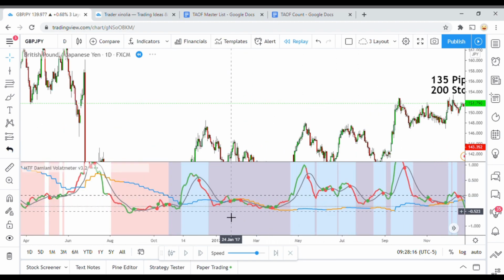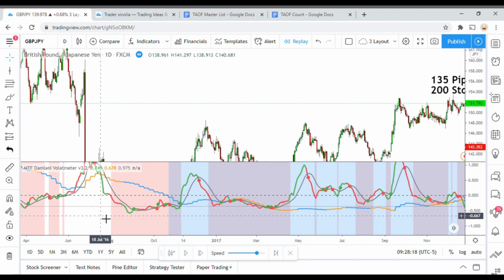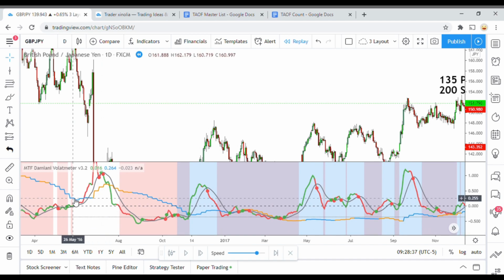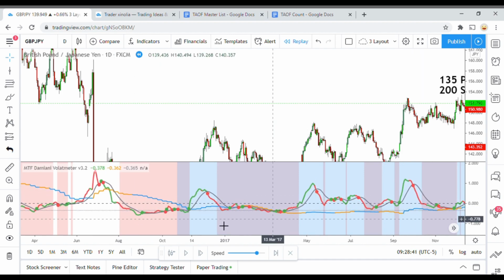So if we scroll back a little bit here, you can see that we have white, we have a pinkish red, we have purple, and we have a light blue. The background is dictated by what the lines on the screen are doing. When the oscillating green and red line is below the zero dashed line, it paints the background as red.